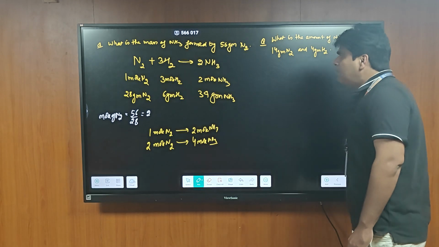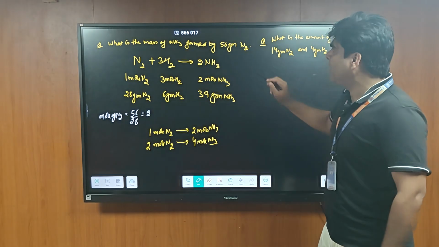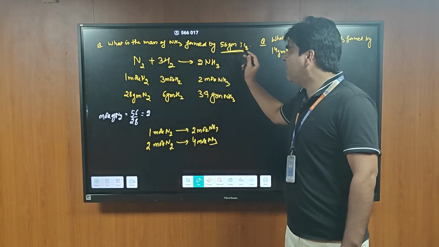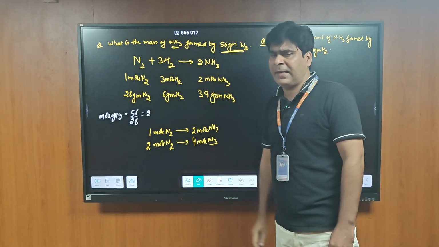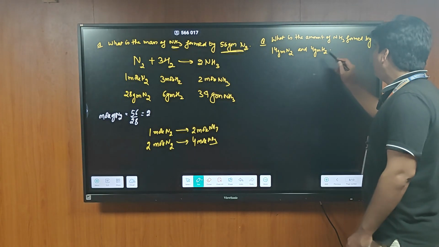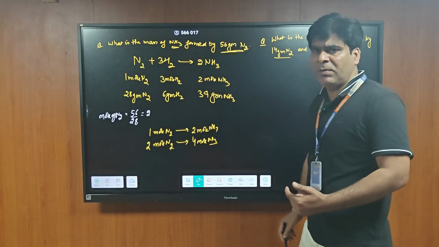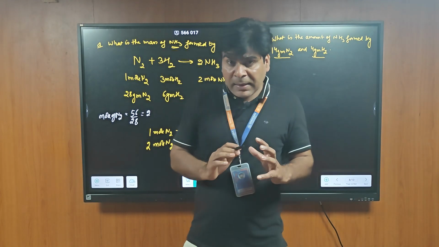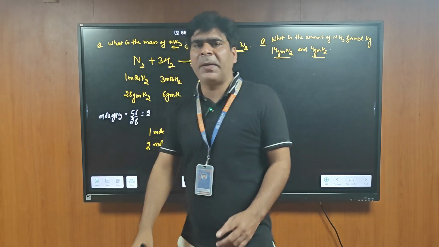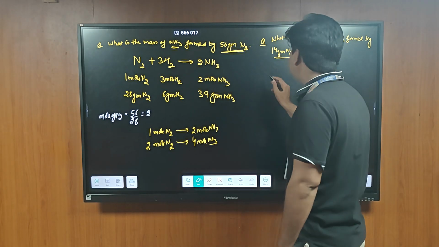Okay. Now, what is the difference in this question? Here only the mass of N2 was given and the mass of ammonia was asked. In this, the mass of N2 is given and the mass of H2 is also given. Then in this, we will have to determine the limiting reagent, the reagent which will be determining the amount of product formed.